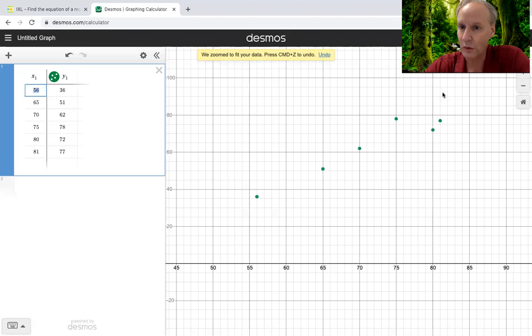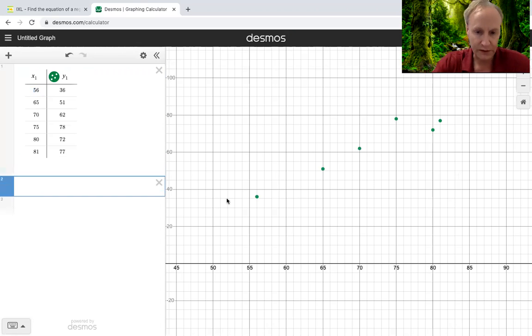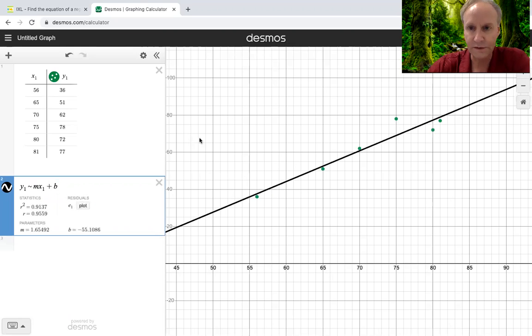Definitely a strong positive correlation. The correlation coefficient is that value that we're going to see here in just a second. Hang on, I'll put it in there for you. Y1 tilde mx1 plus b. And this R value is our correlation coefficient, and it's 0.956.